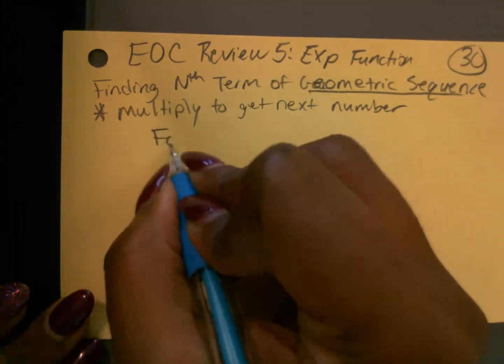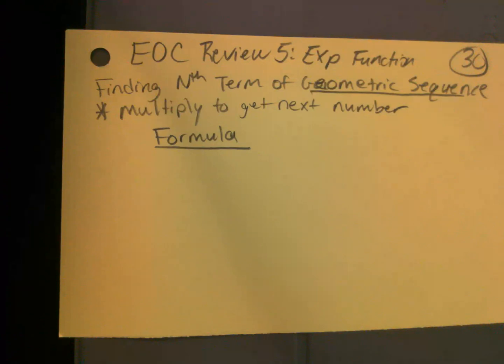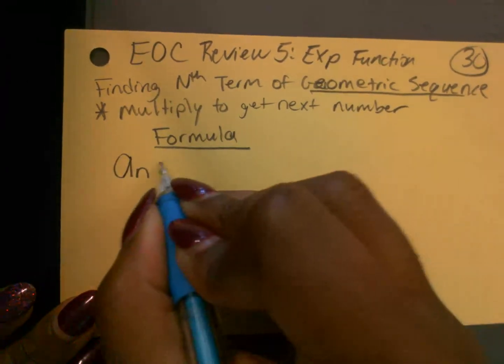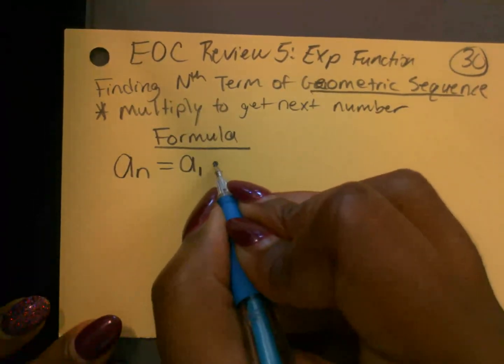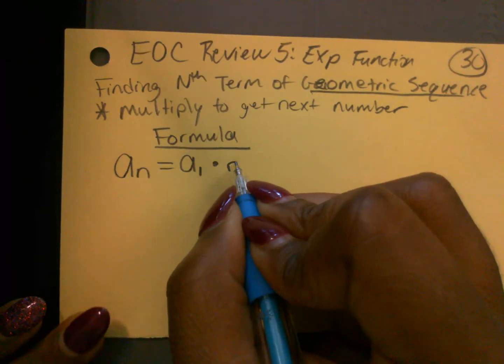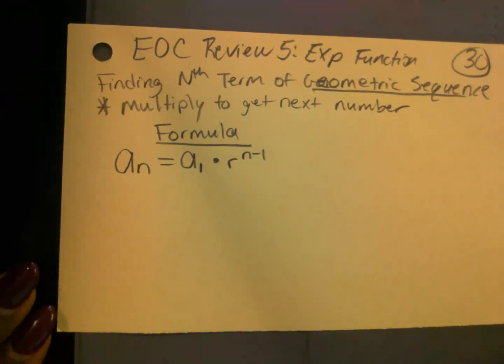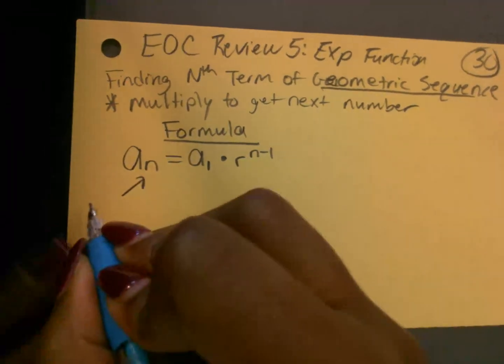The formula is A sub n is equal to the first number in the list, the A sub 1, times the common ratio to the n minus 1. Okay. So n is the term that you're looking for.